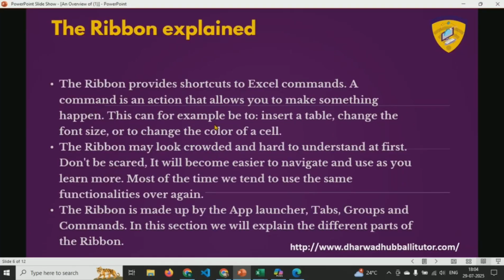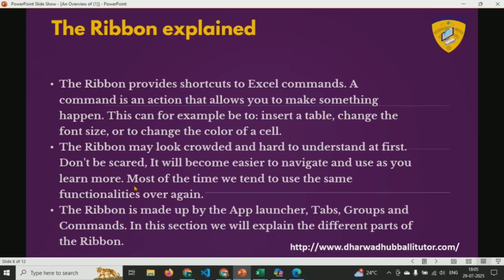This can, for example, be to insert a table, change the font size, or change the color of a cell. The ribbon may look crowded and hard to understand at first. Don't be scared. It will become easier to navigate and use as you learn more.